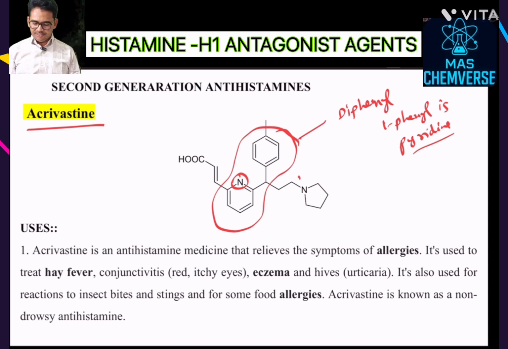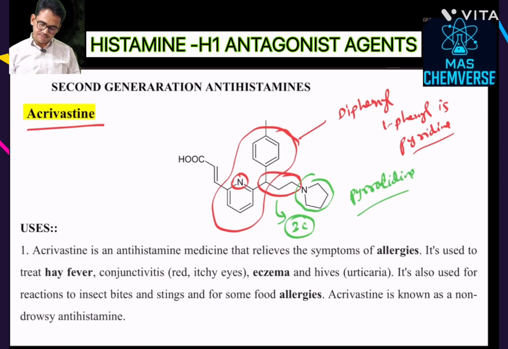Then here it will have the same again. How many? It has 3 carbons. In the structure, it has the pyrrolidine. It will be attached to what? This is called the propanoic acid.